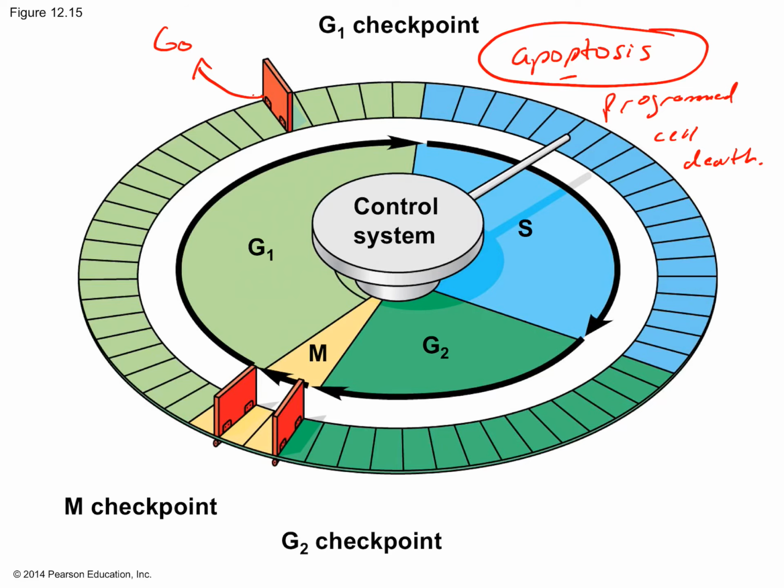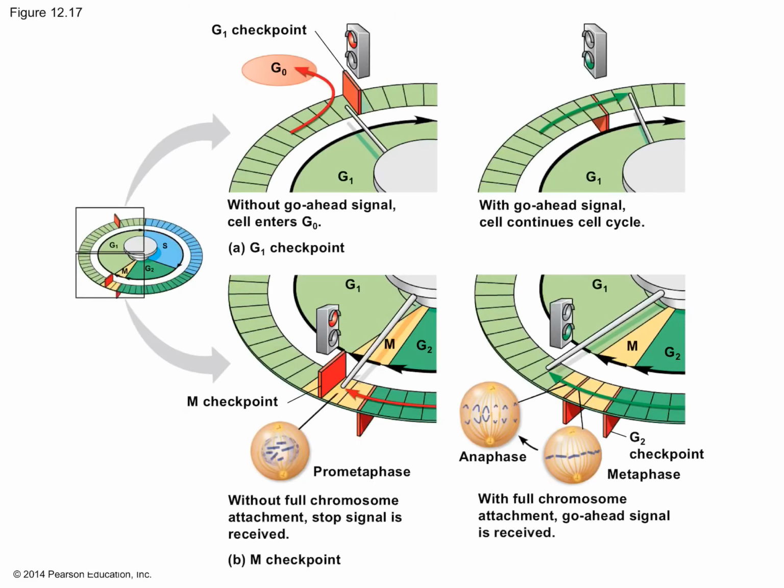All right, so let's take a look at this process then of these checkpoints coming into play. In our first panel, panel A up here, we have a cell that's reached the G1 checkpoint and it's received a stop signal. There's a major problem. The cell goes into G0 phase, and that's when apoptosis then occurs to destroy that cell, okay? It could be that there's not a problem.